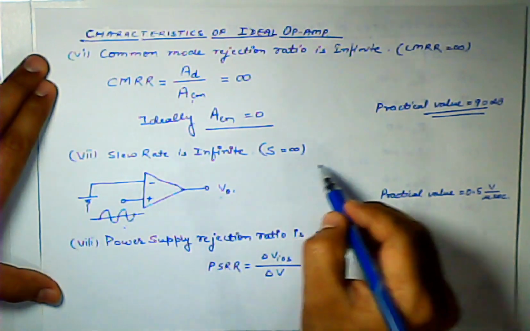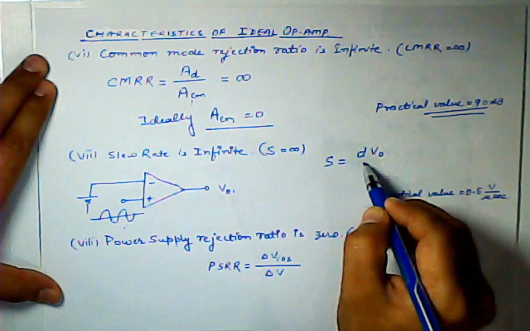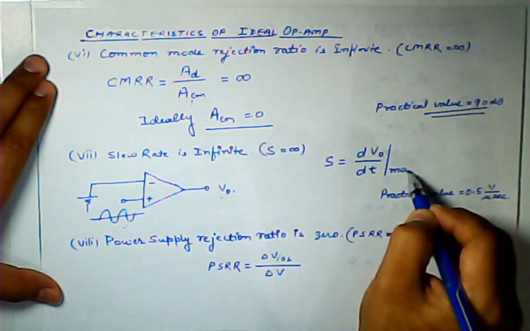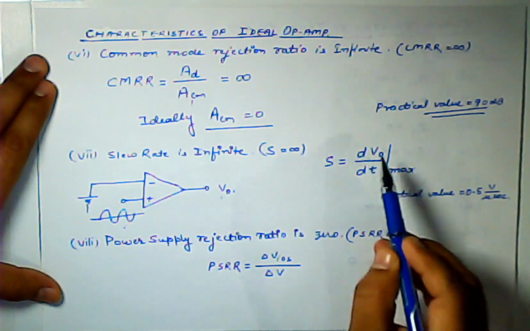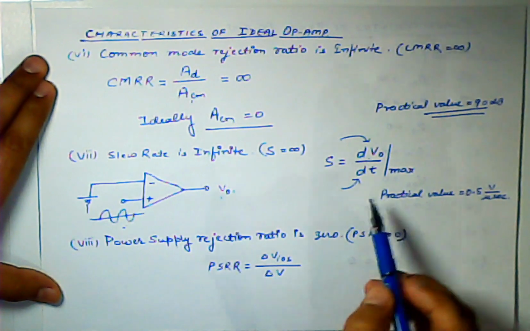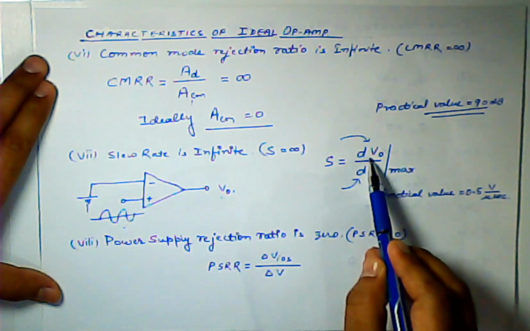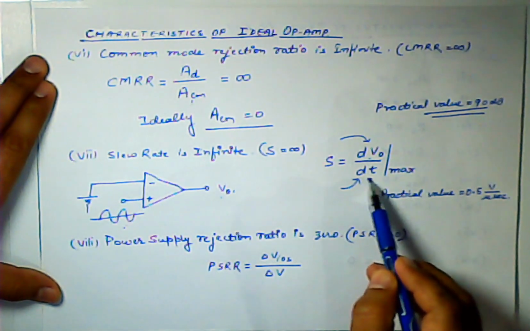So slew rate is nothing but the rate of change of output with respect to time, the maximum value of this rate. It represents the change in output over the change in time. For the ideal condition, output must change with the input in no time, without delay.